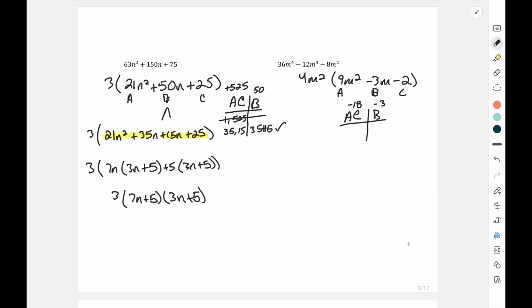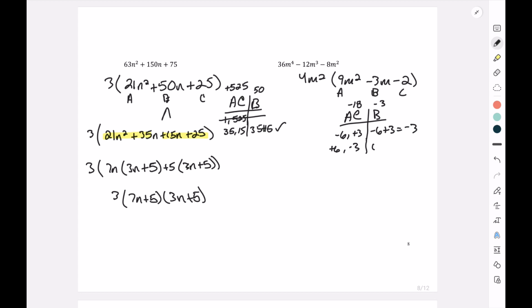So we can look at the different factors for 18. I'm mainly going to look at negative 6 and a positive 3, and a positive 6 and a negative 3. Since we want a negative 3 to be returned, we could take negative 6 plus 3, and that would give us a negative 3.